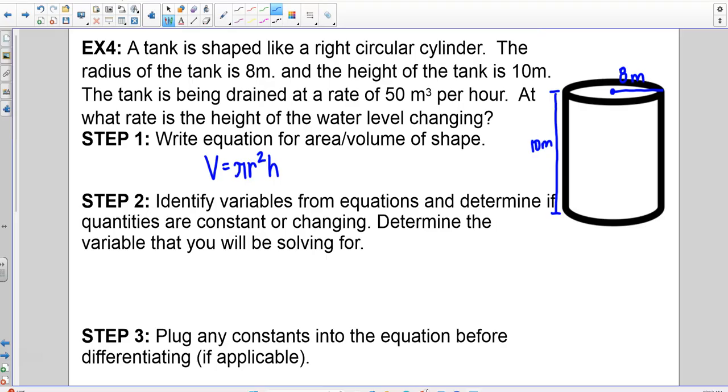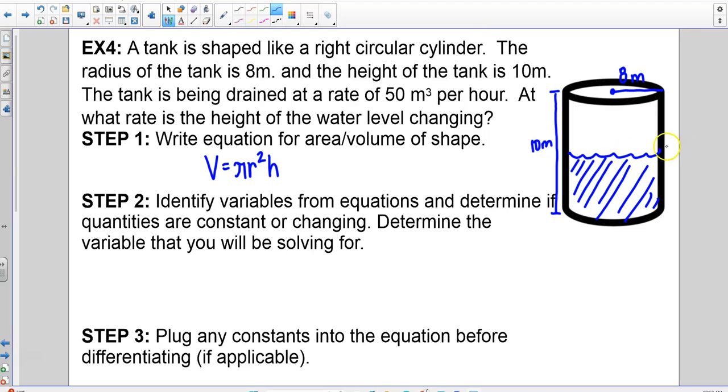Now, it would appear like we got some constant things here, but we're not looking at the volume of the cylinder changing. We're looking at the water in the cylinder. So what we're really thinking about is the volume of this water right here, not the volume of the whole cylinder.